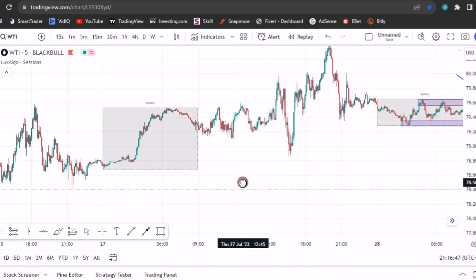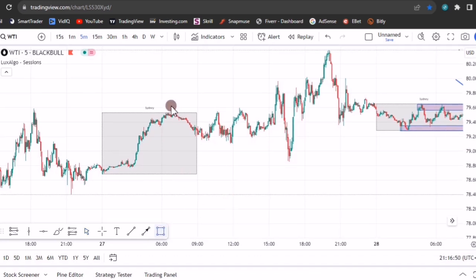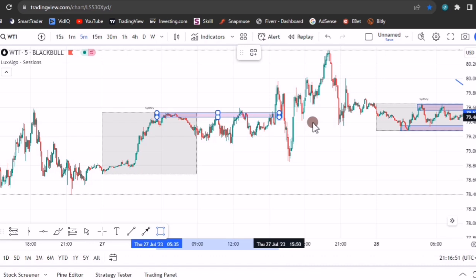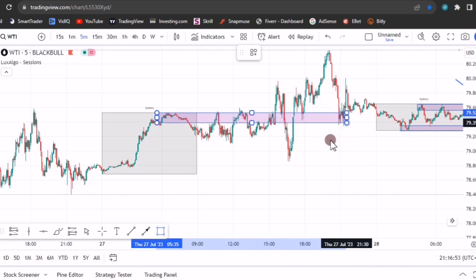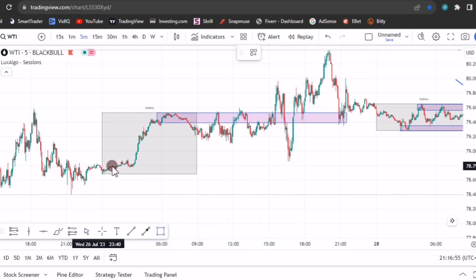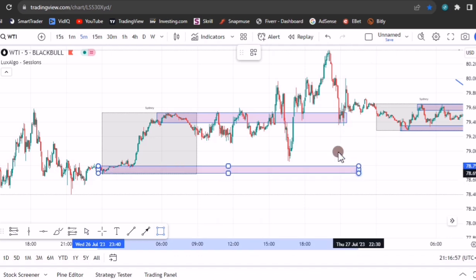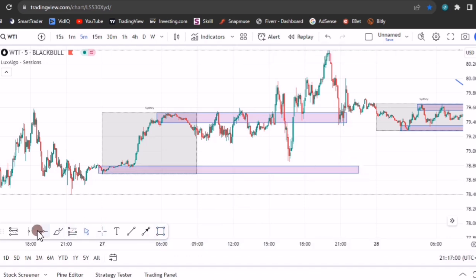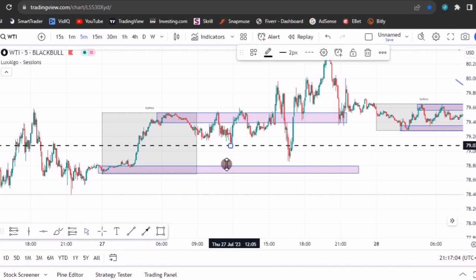So let's see right here what you have. That was the upper key level and the lower key level, and then you have the midpoint where you add some more trades.